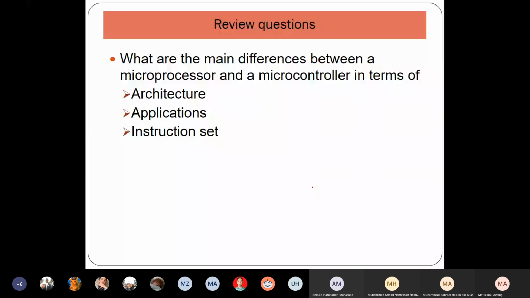The instruction sets. For the microprocessor, mostly you use a high-level programming language. Right? It's a complex instruction set, English-like language.